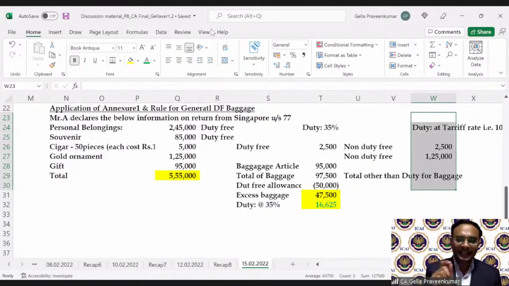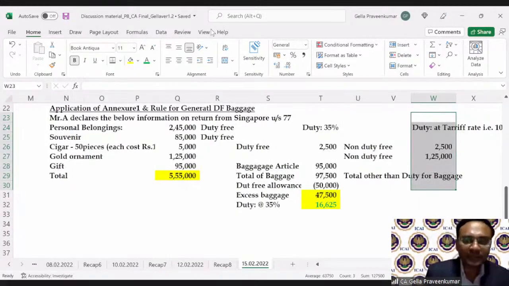So this particular X gives a form declaration saying that these are the goods which are forming part of my baggage. That particular thing will be made as an intimation under Section 77 when this particular passenger comes to India. That is at the time when they get the clearance to come into India.